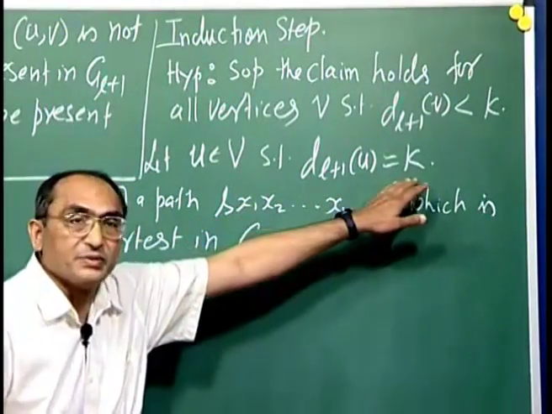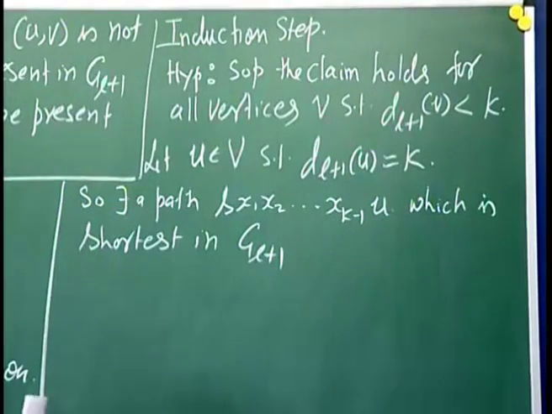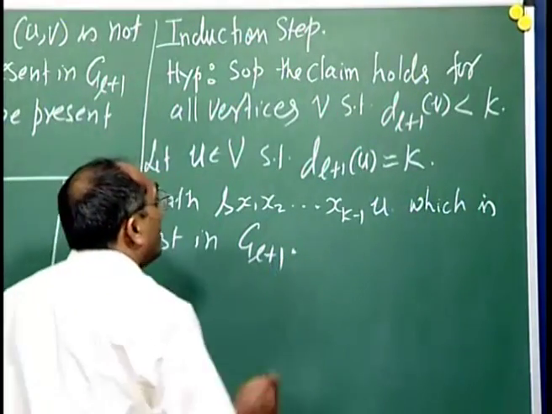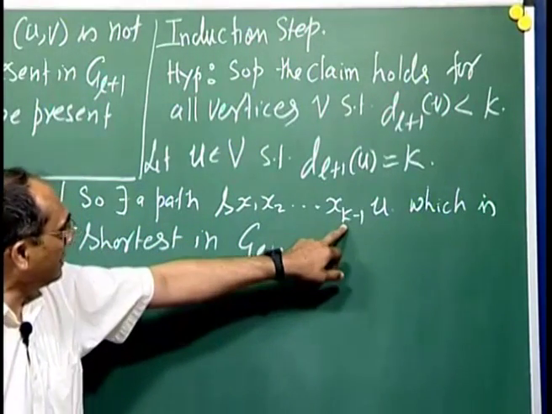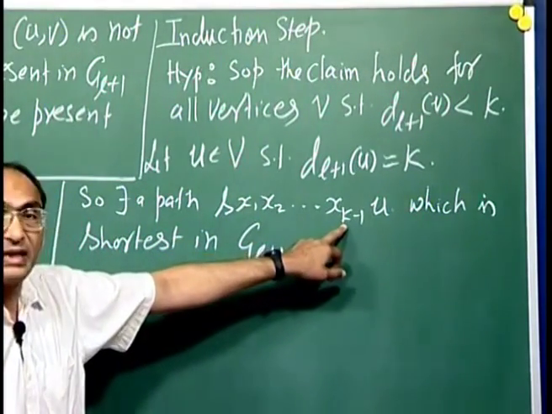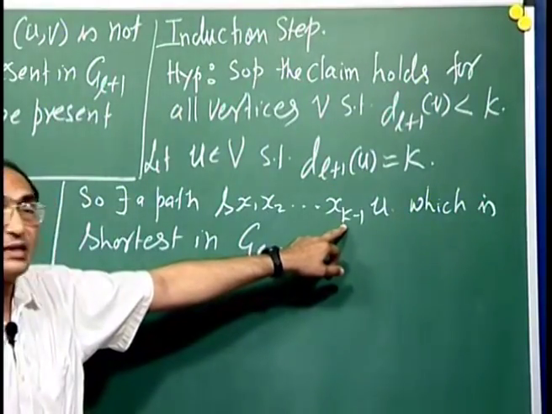That is because we are given so. As a result, what we notice is that the vertex x k minus 1 has a distance k minus 1.